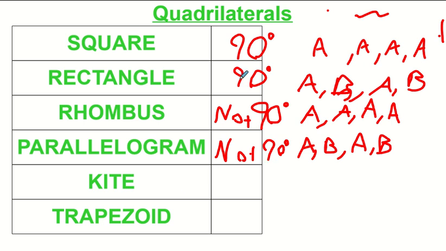What about a kite? What's a kite look like? So it's like a diamond-ish shape. The difference between like a kite and just a diamond, usually the one side's going to be longer than the other side.